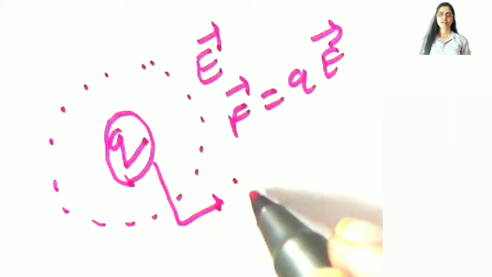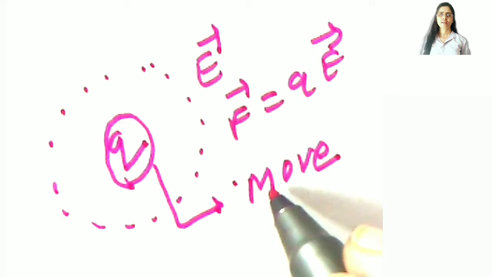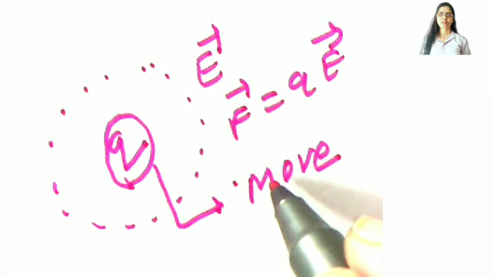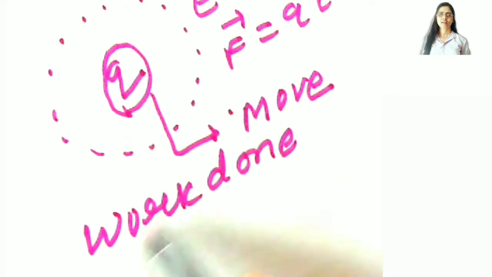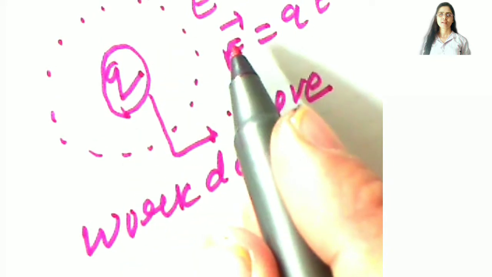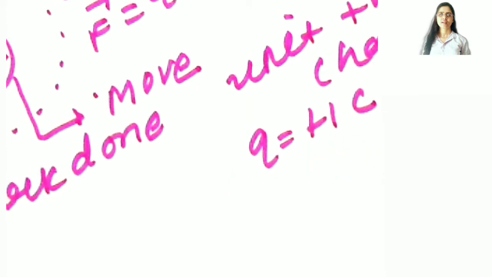Now, if this charge is able to move, it starts moving. To discuss the work done during such a motion, initially we will consider a unit positive charge Q equals to plus 1 coulomb.